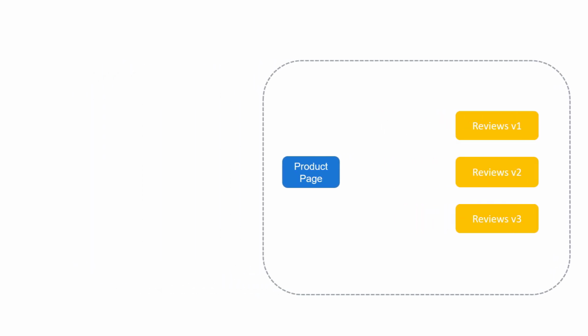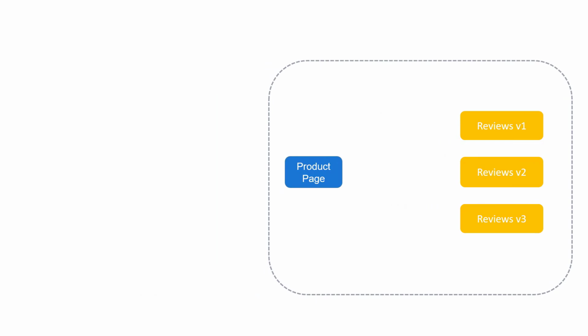Let's first look at how this works without Istio or virtual services on a plain Kubernetes cluster. In the beginning, we have the productpage service talking to the reviews v1 service. We then came up with two new versions of the reviews service, version 2 and version 3.